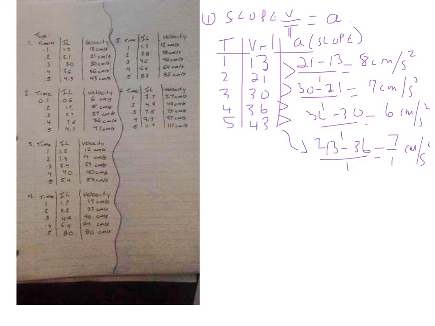There are all sorts of errors in this experiment, like friction and wind resistance, and even measuring to a full second. So I think the acceleration here is on average 7 centimeters per second squared, and that's actually your slope.